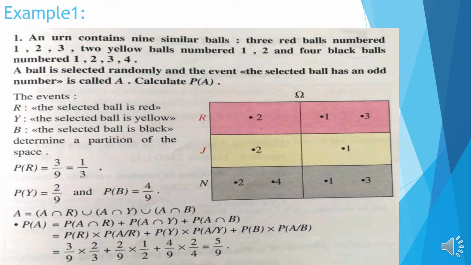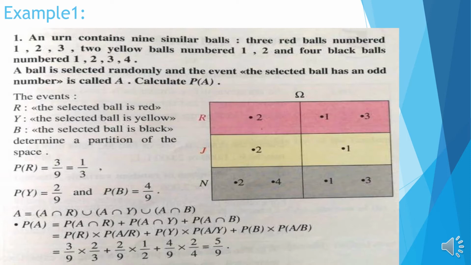What is the probability of A? It is the probability of A intersection R plus the probability of A intersection Y plus the probability of A intersection B. Look at the table.